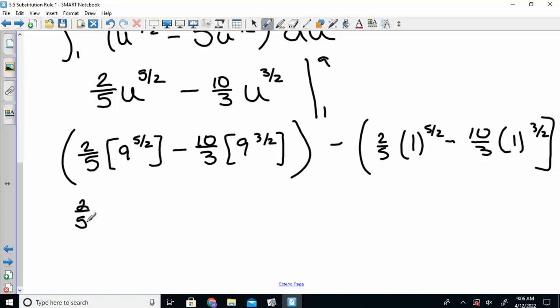And I'm sure you guys could grab a calculator here and help me out. 9 to the 5/2 means the square root of 9, which is 3, to the 5th is 243. 3 to the 3rd is 27.